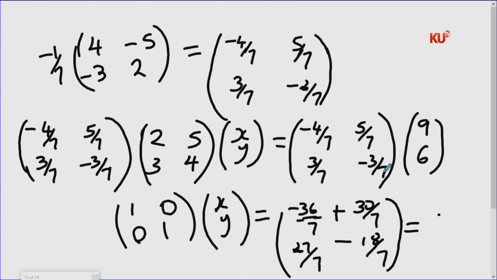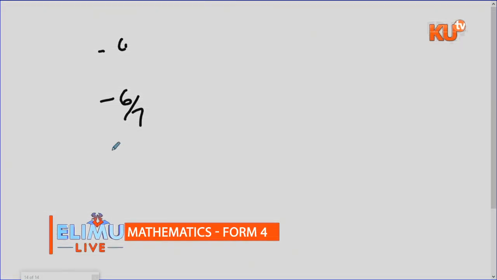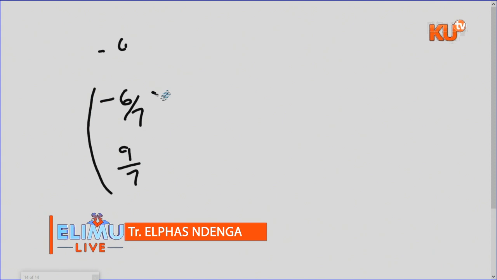Then minus 3 over 7 times 6, that is minus 18 over 7. So that is 27 minus 18, which is 9, over 7.